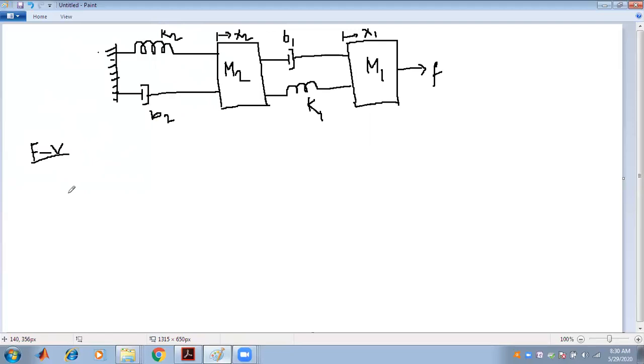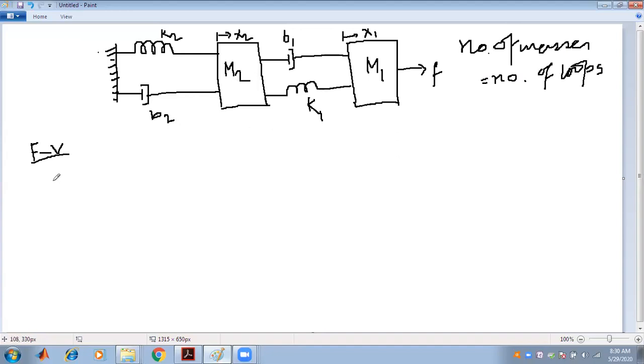In order to find the force voltage analogy, first of all, you have to remember that the number of masses is equal to the number of loops. How many masses are there here?